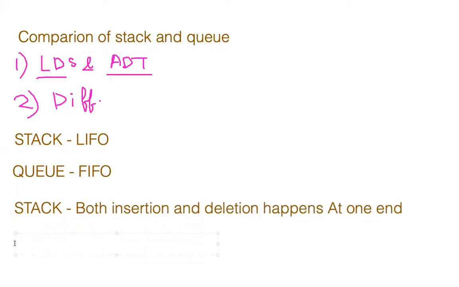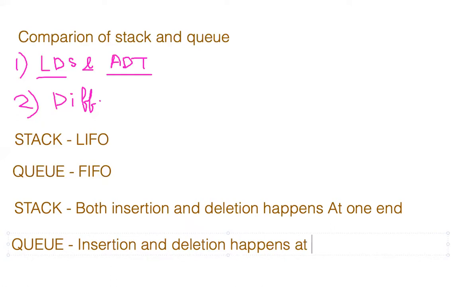And if we talk about a queue, then insertion and deletion happen at two ends, known as rear and front respectively.